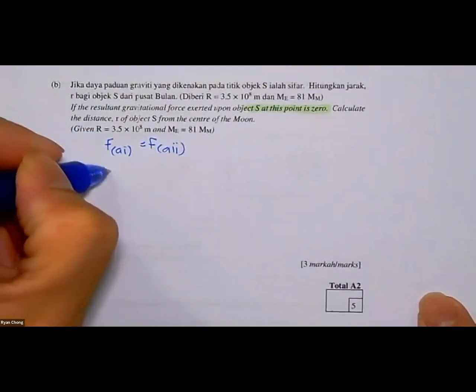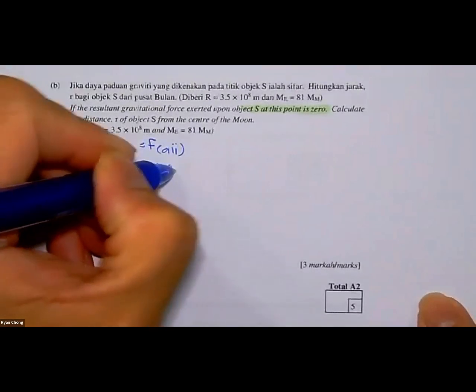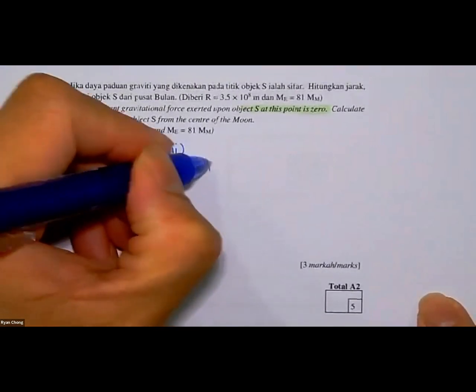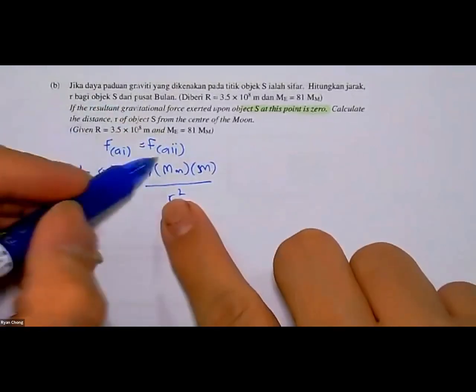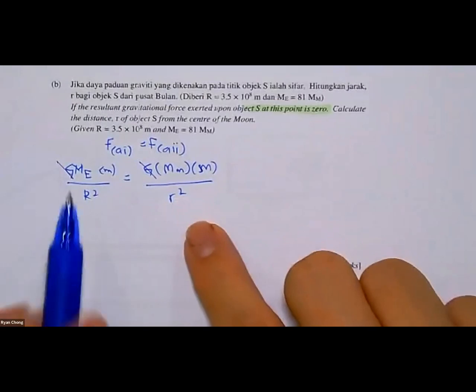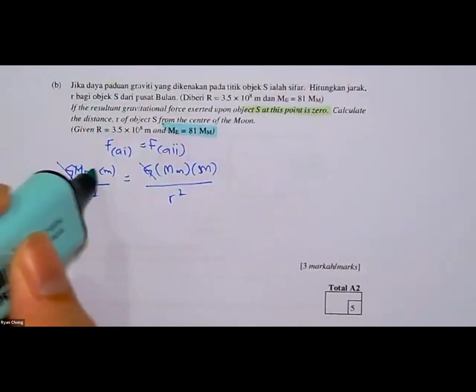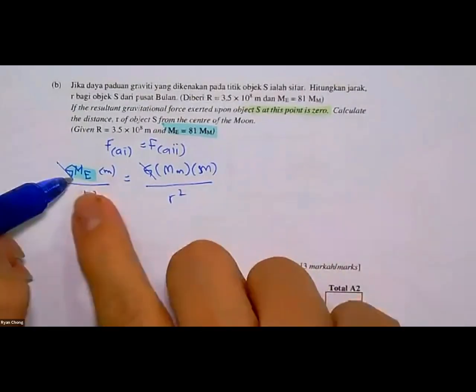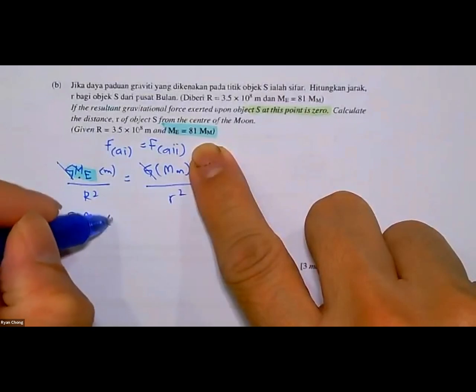This is the formula you have written just now. Okay, so you have to get the r. Then this G you can simplify. And then don't forget, they already mentioned the mass of Earth is 81 times the moon. So change the Earth into moon, 81 times mass of moon.